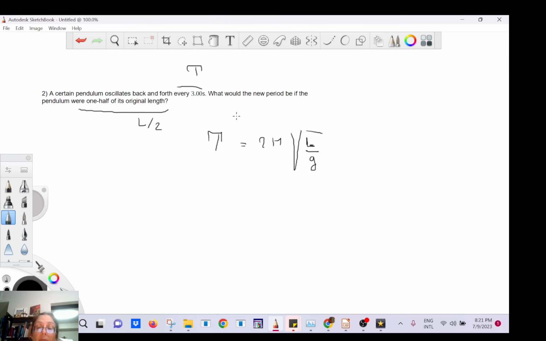So if the length is divided by 2, that's what it says, that means the square root of L is divided by the square root of 2. So the period is divided by the square root of 2. So the new period will be the old period, 3, divided by the square root of 2.